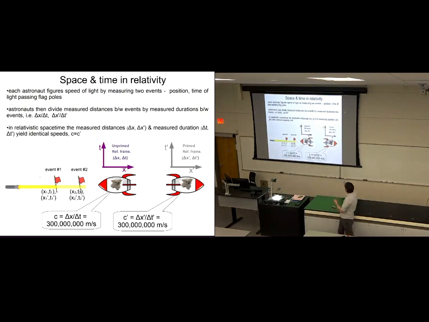So this slide is meant to motivate the fact that we're going to have to change our notions of space and time in order to fit in with the laws of physics being absolute and the speed of light being absolute.